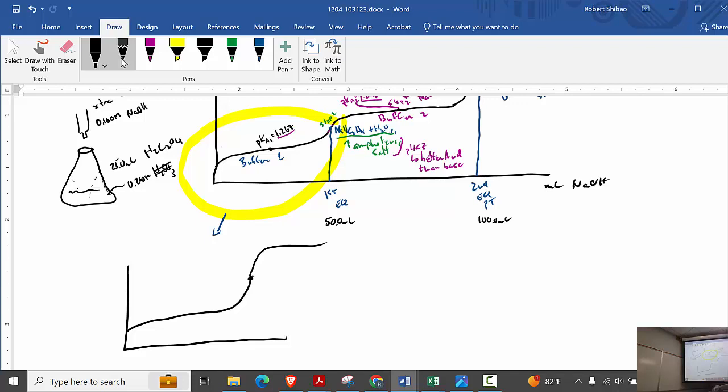We already determined the first equivalence point has to come in at 50 milliliters. This is based on stoichiometry.